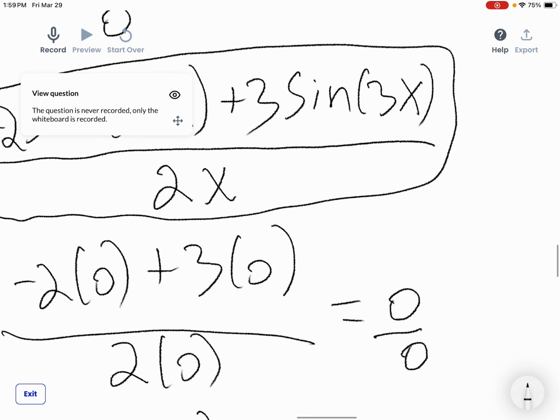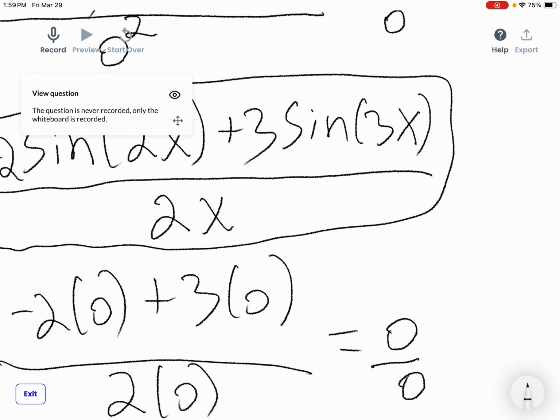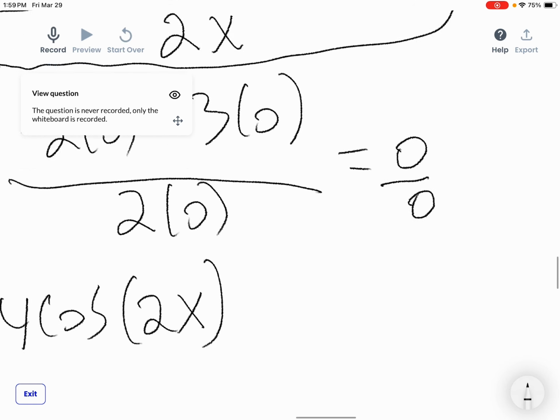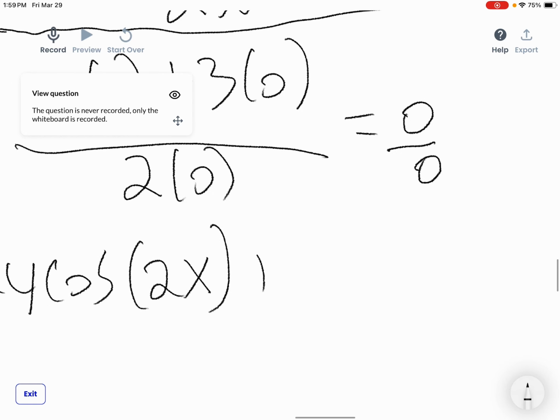And then plus, taking the derivative of 3 sine of 3x, the derivative of sine of BLOP is cosine of BLOP, so cosine of 3x, but then times the 3. So 3 times 3 is 9, so we get plus 9 cosine of 3x.